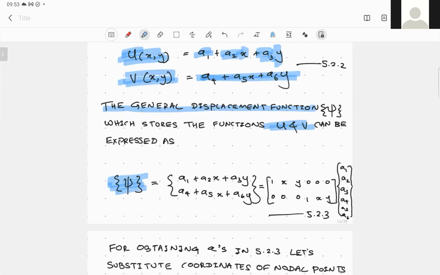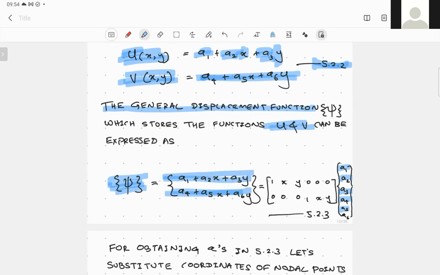Using these two equations, 5.2.2, let's try to simply separate the coordinates from the exponents. So we have these two equations describing the displacement in the x and y direction, and what we do is simply take out the exponents which we would like to find. a1, a2, a3, a4, up to a6 are unknowns.